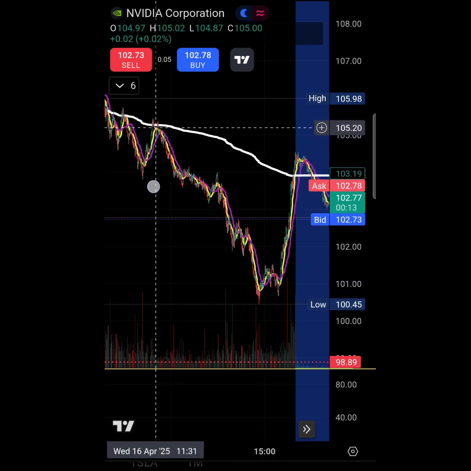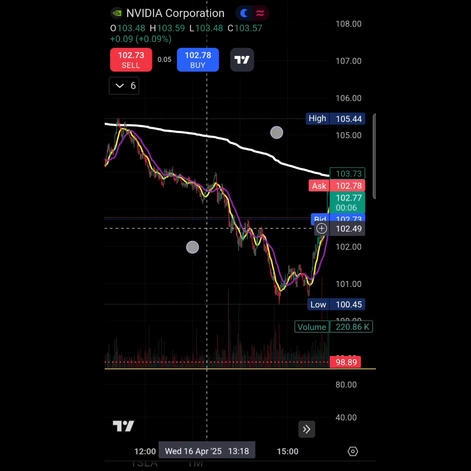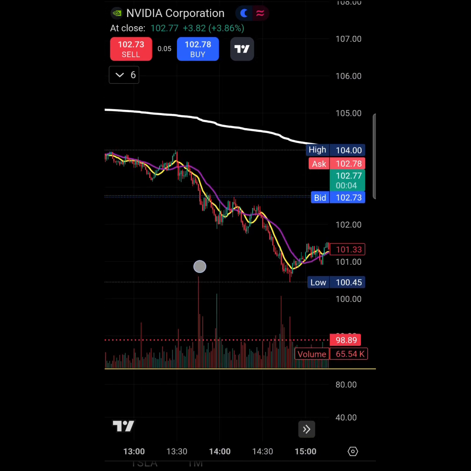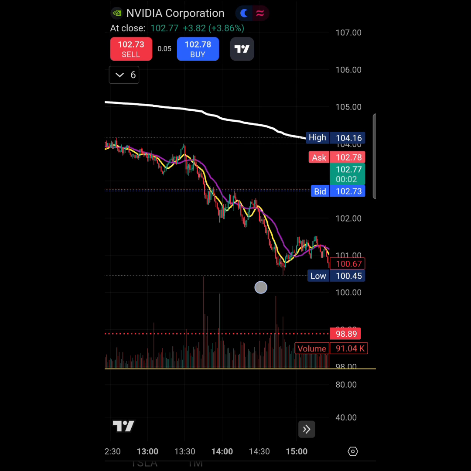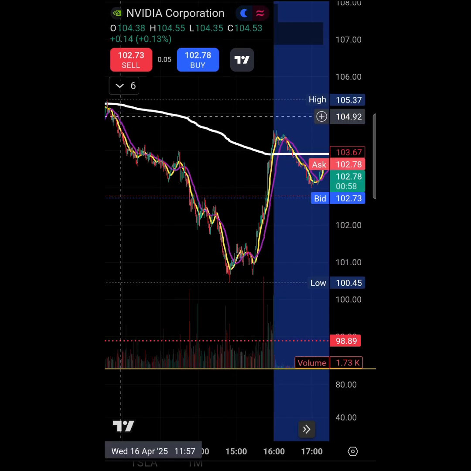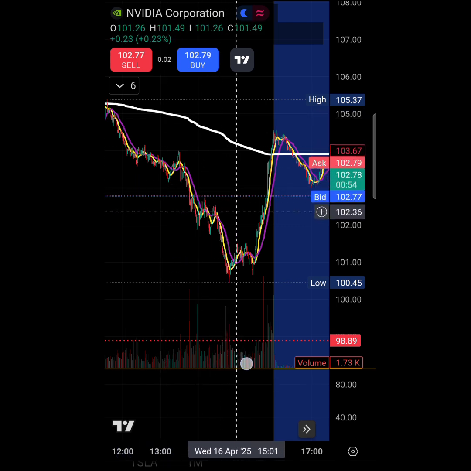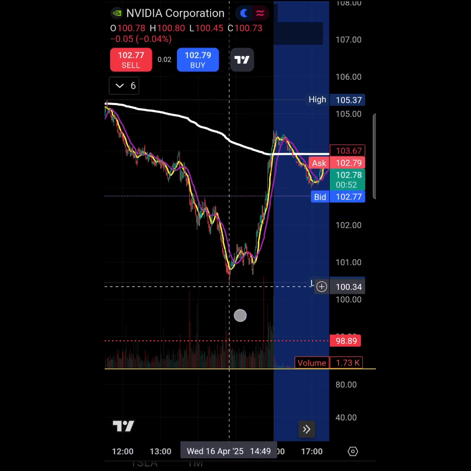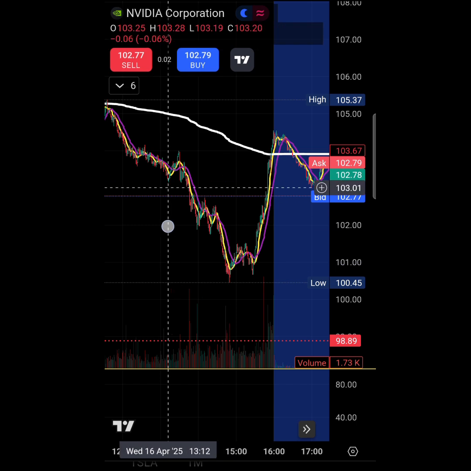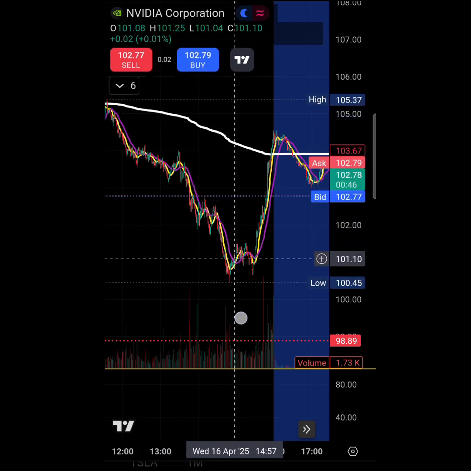You entered here at 105 and you just keep watching, following your EMAs, so long as it's not crossing over the 21, you can keep your trade, and it's still below VWAP. In fact, it's moving far away from VWAP, so it's still trending down. It's quite a bearish trend, this one, because it's moving so far away from VWAP.